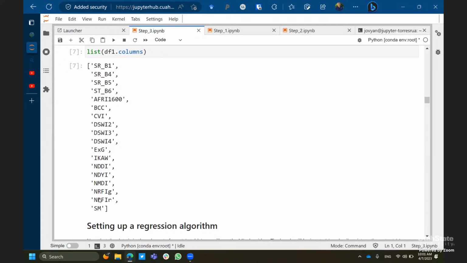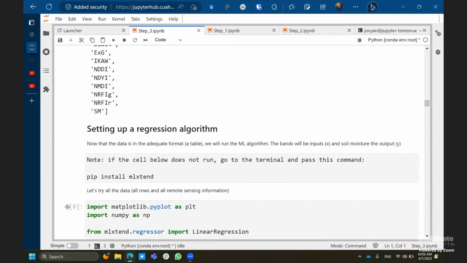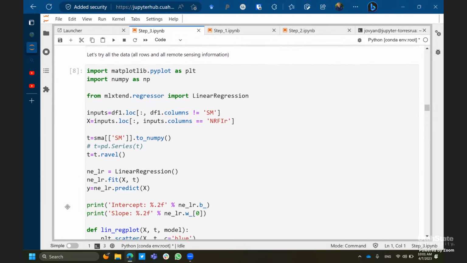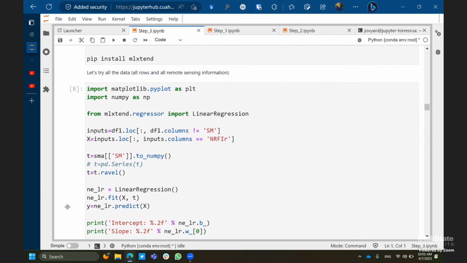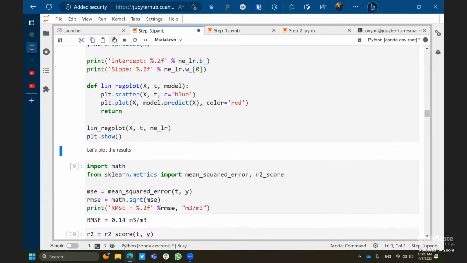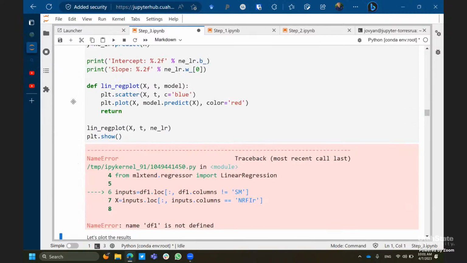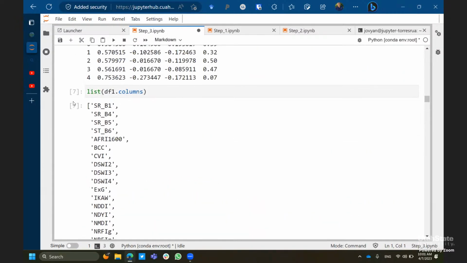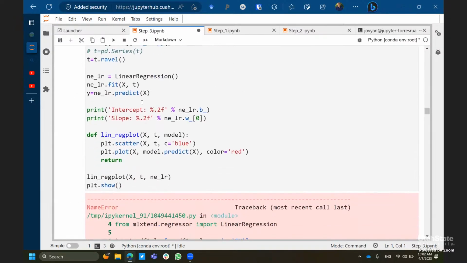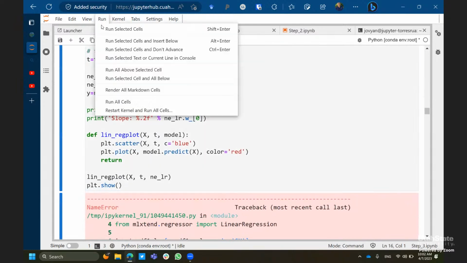I did my statistics, and this is how far the statistics can take me. So let's do that DAM approach. Let's use those 17 to predict soil moisture. I need to run everything on top.